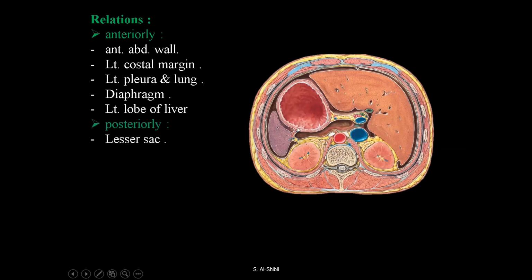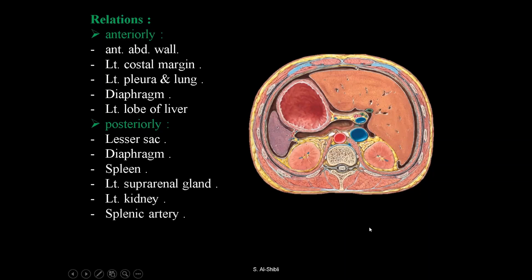Posteriorly, we have the lesser sac, which is very nice, and the diaphragm also. As you see here, the splenic artery, pancreas of course, and the transverse colon and mesocolon.